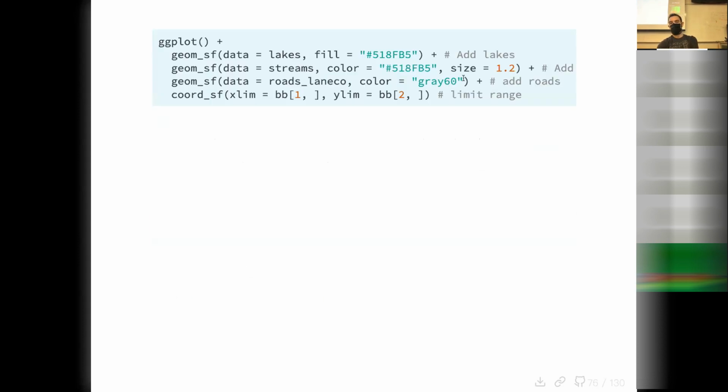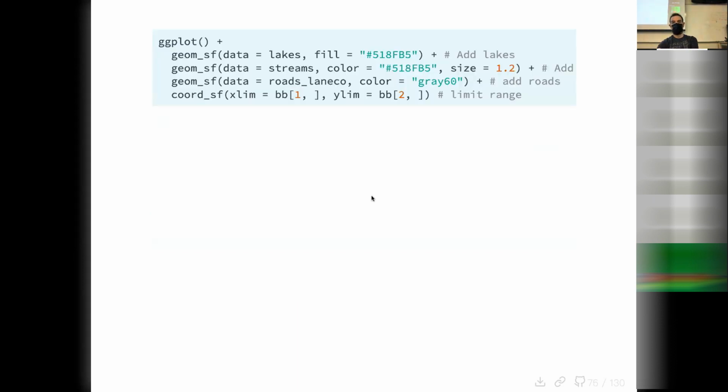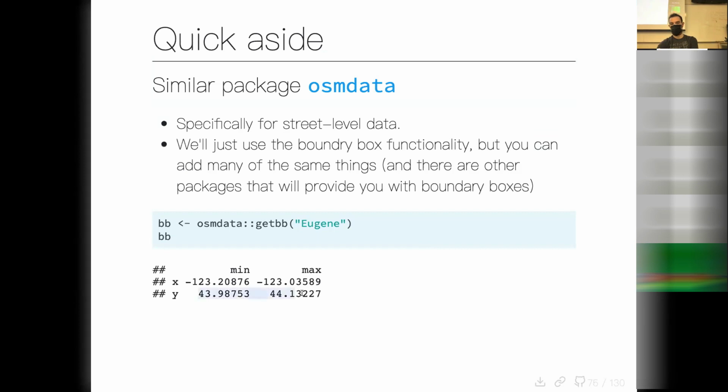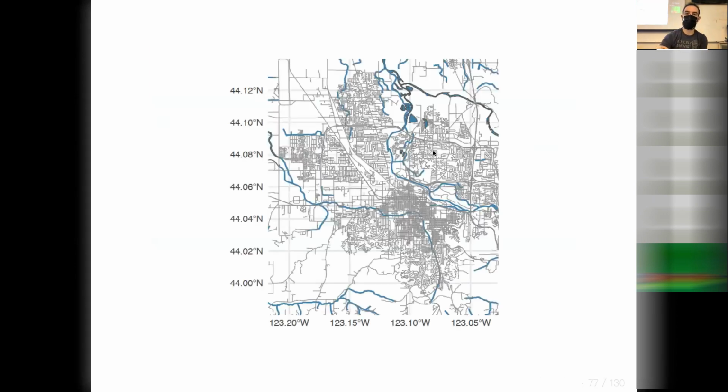Now in this one, I just add another layer and I'm going to say coord_sf, where the xlim is equal to the first row of my bounding box, and the ylim is equal to the second row of my bounding box. Notice I'm saying the first row, all columns, second row, all columns, and that basically just zooms this in on just Eugene.